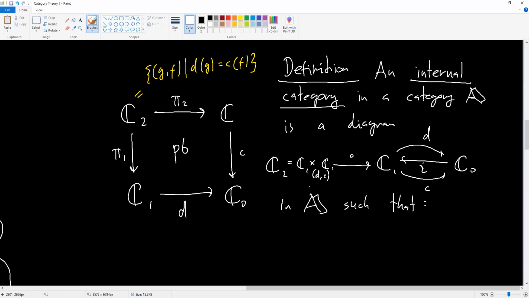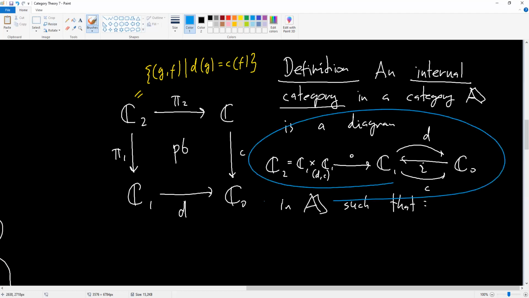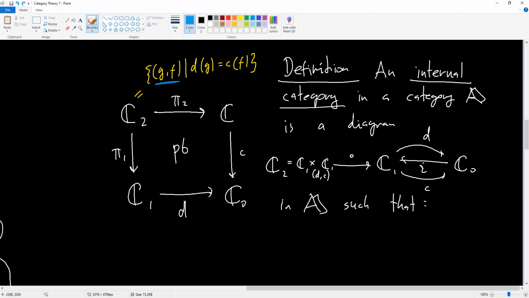And so this data that I'm giving here is exactly the data for a category. We've got objects, morphisms, and composition. And composition is indeed defined exactly for those F and G where the domain of G matches with the codomain of F.